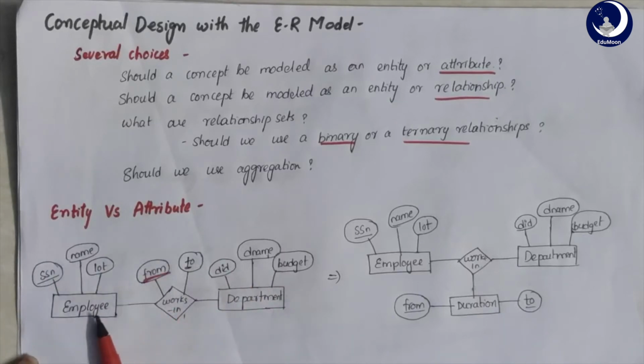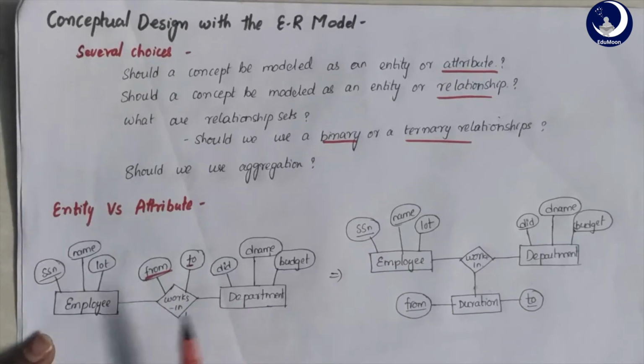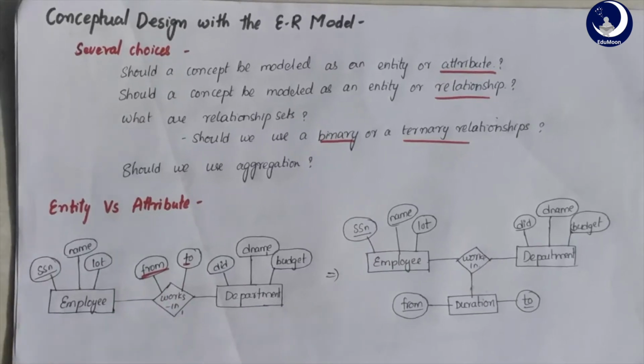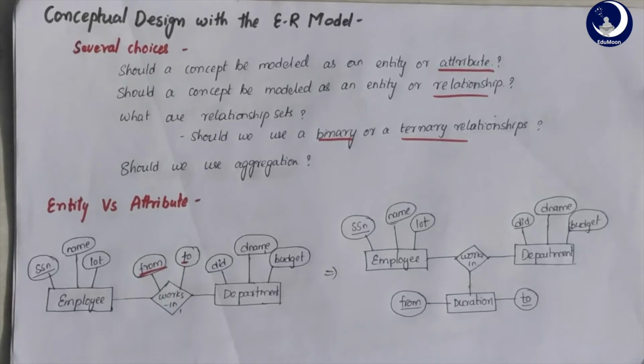This shows the duration for which the employee works in that particular department. Let us suppose that an employee can work in any number of departments over a period of time. For example, here employee E1, let us take Sia, can be working in two departments.